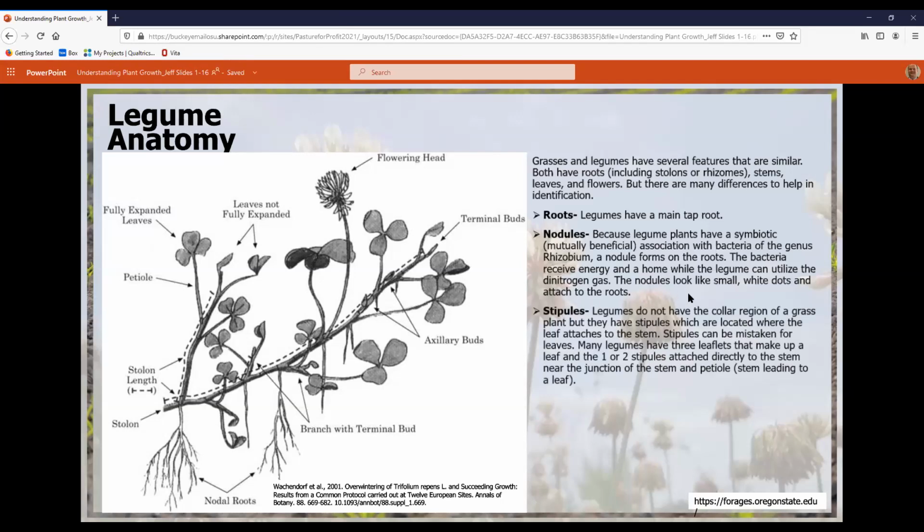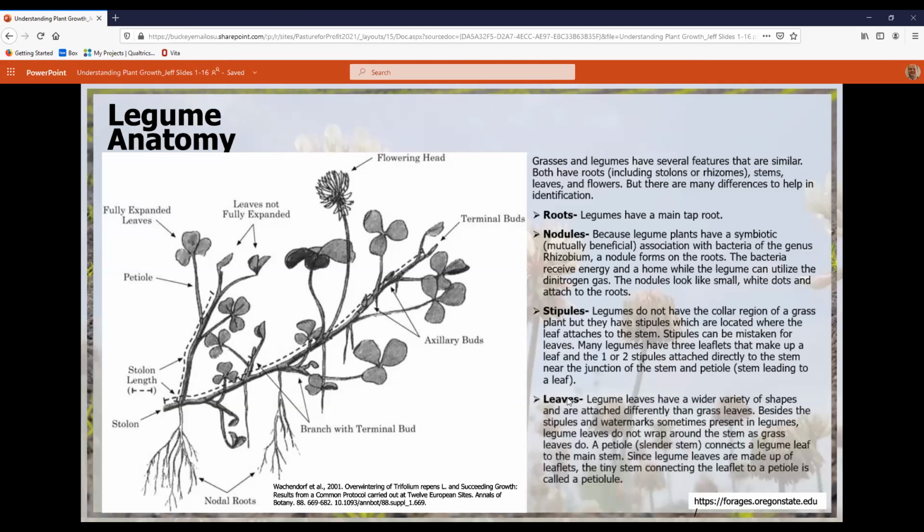Stipules. Legumes don't have a collar region, but they have stipules where the leaf attaches to the stem. And then the leaves. One interesting aspect with white clover is the part you see up in the grass canopy is actually the leaf structure, not the stem.